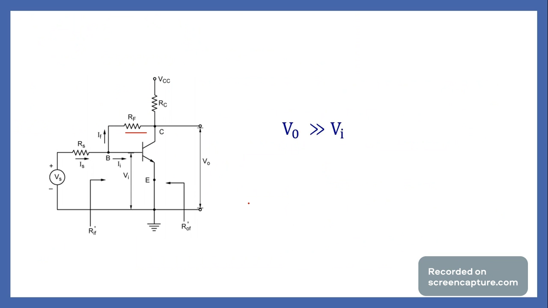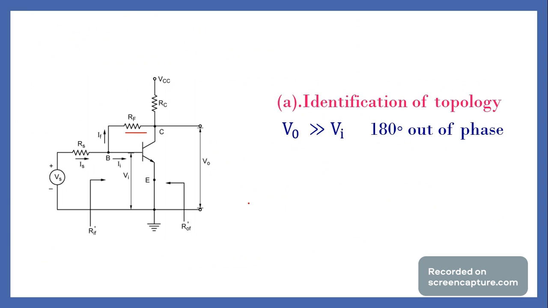Being an amplifier, obviously V naught is greater than Vi. Since we have a single stage, common emitter amplifier, it produces a phase shift of 180 degrees. Here the current direction is given. If I want IF, by applying Ohm's law, the potential here is Vi and here the potential is V naught, divided by RF.